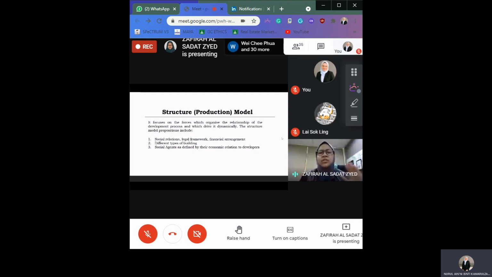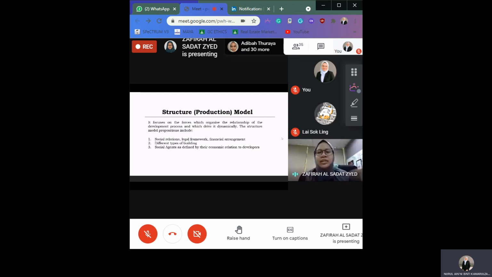Remember, the agency model just looks into their relationship, because in that model they believe that whatever happens in the relationship of the actors could make or break the development.